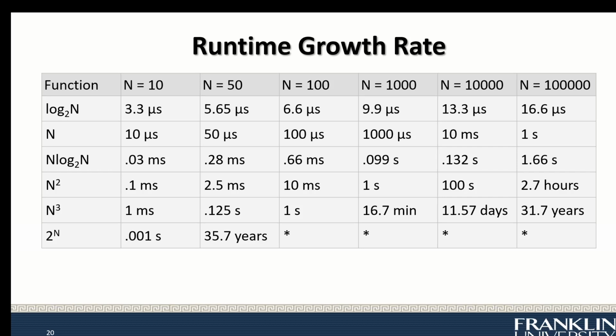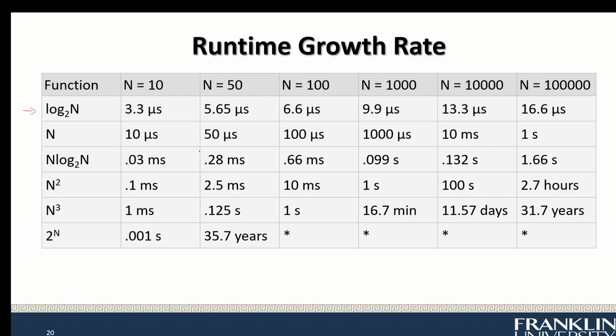And here I'll just give you some idea about the growth rate between log n, n log n, n squared, n cubed, and n. Hypothetically speaking, for 10, 50, 100, log n grows kind of slowly, all the way to 10,000, 100,000. If for n equal to 10 it takes 10 microseconds, it will take 1 second for 100,000.